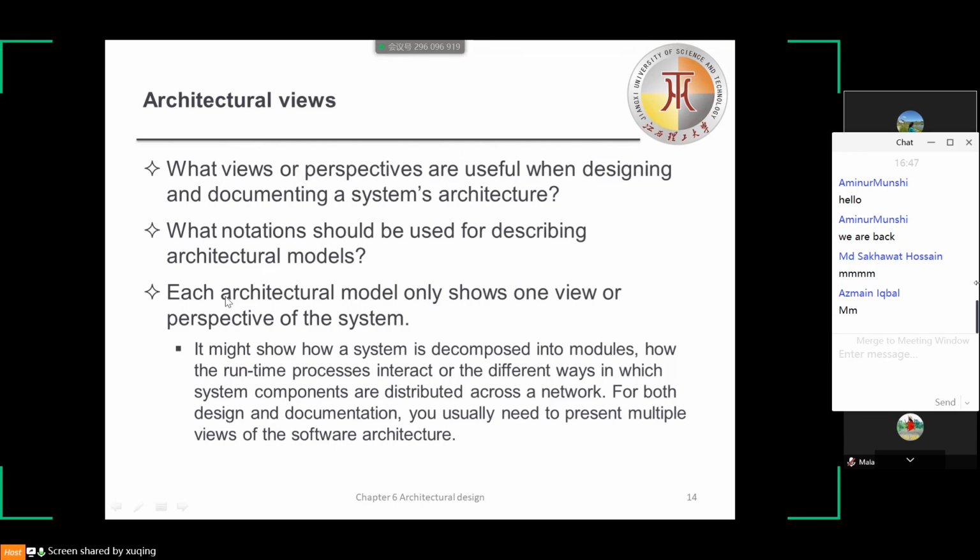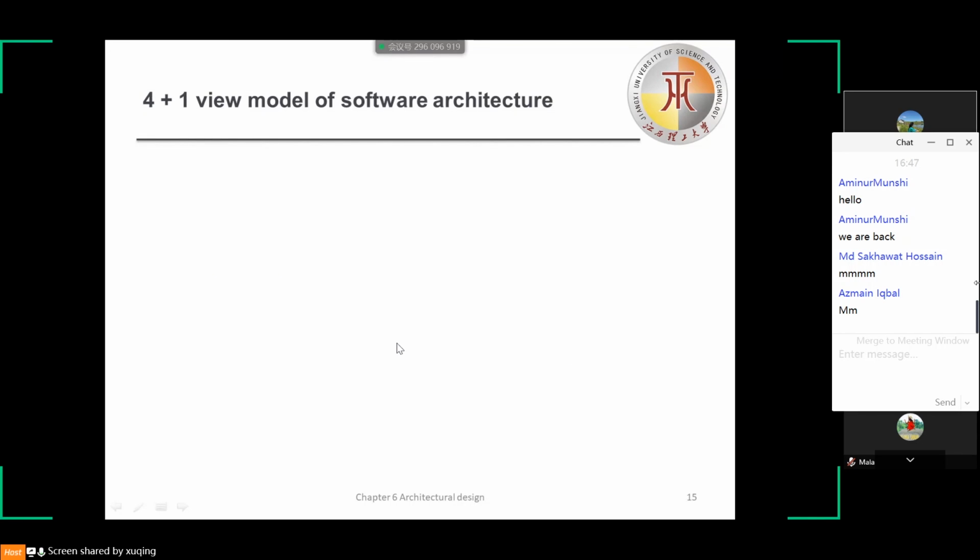As explained here, each architectural model only shows one view or perspective of the system. We'll see what are the general views proposed by experts. Here, we have a well-known view model of software architecture, which is called the 4+1 view model of software architecture.